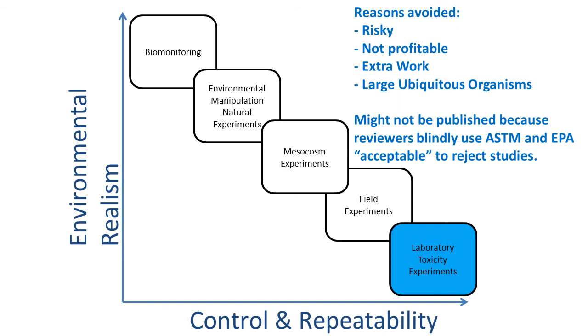If not precluding such studies, it is at least discouraging to the scientists to consider running such studies. So ASTM and EPA guidelines for acceptable data need to be modernized and made to be more flexible so we're not stuck again with the same old hammer. I hope that some of the methods I presented in the previous slides help you be creative in finding ecologically relevant ways to incorporate field-collected organisms in your laboratory studies.